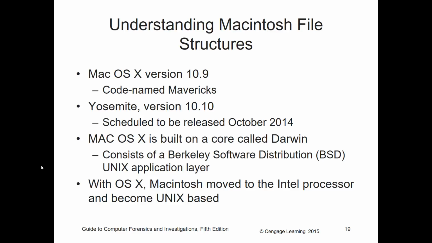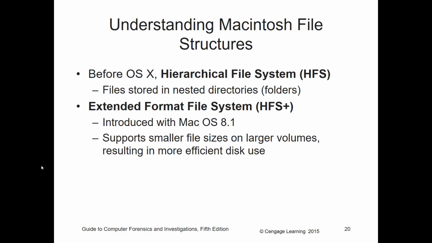Software-wise, they are not. With that said, Mac has two common file structures: the Hierarchical File System and the Extended Format file system. HFS and HFS Plus. These were introduced in an earlier version of Mac OS, sorry, Mac OS 8.